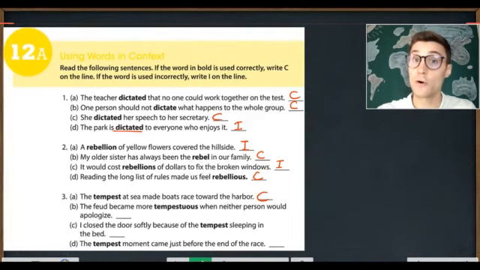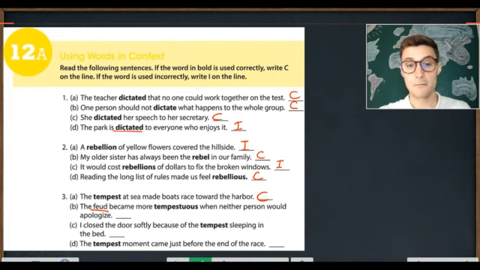Correct. A storm at sea, the tempest. B. The feud became more tempestuous when neither person would apologize. A feud is if I don't like you and you don't like me, we have a feud. So the feud, can it become tempestuous? It can, if it's a fight.